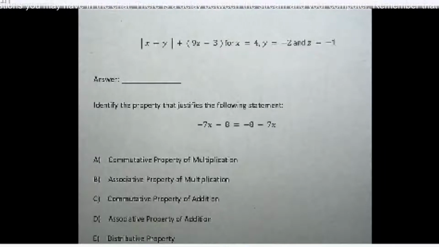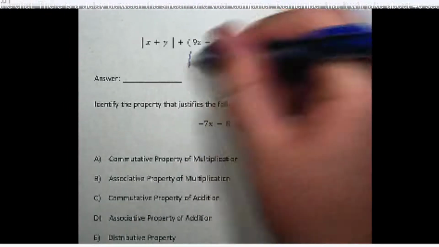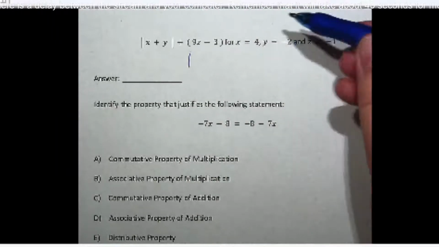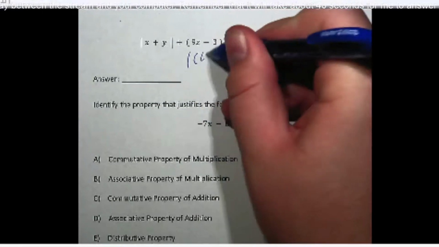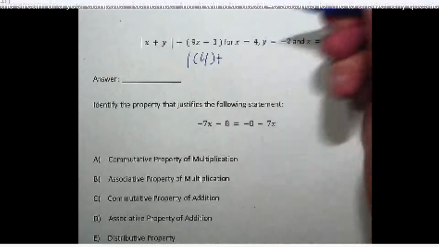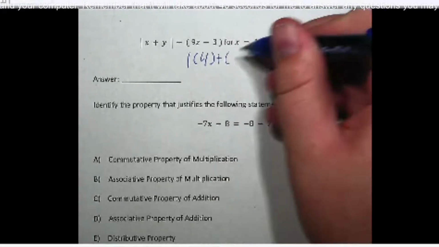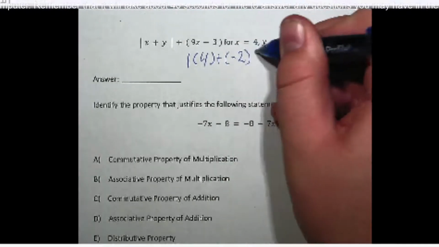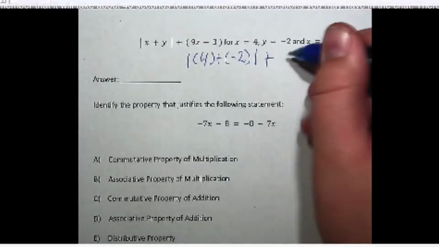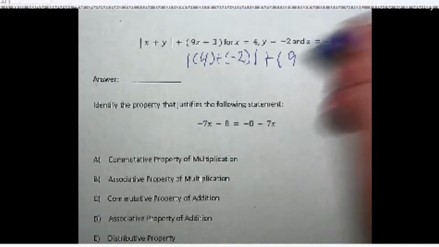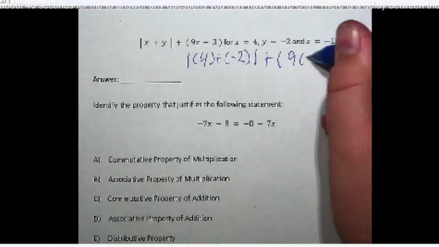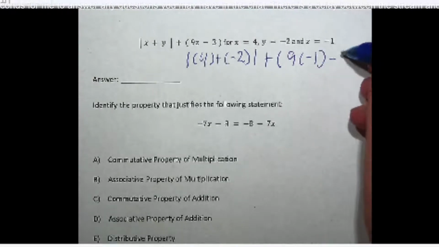Same thing here, just plug in, see what we get. So x is 4, y is negative 2, then z is negative 1.